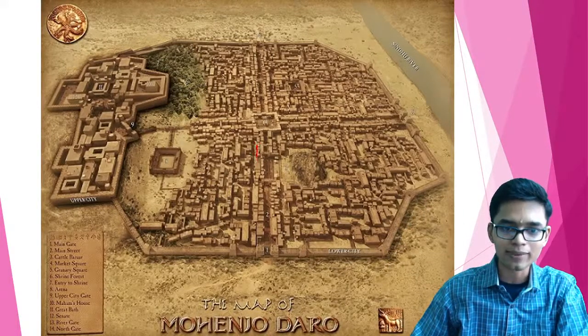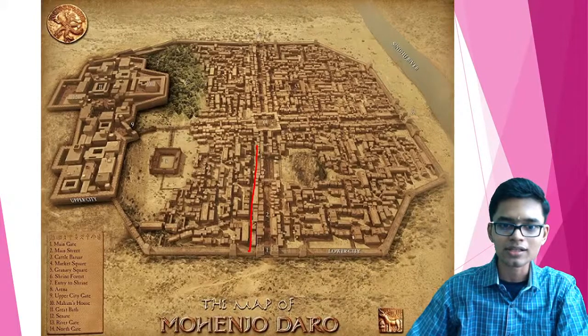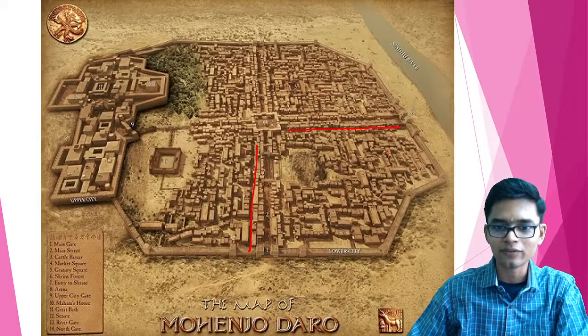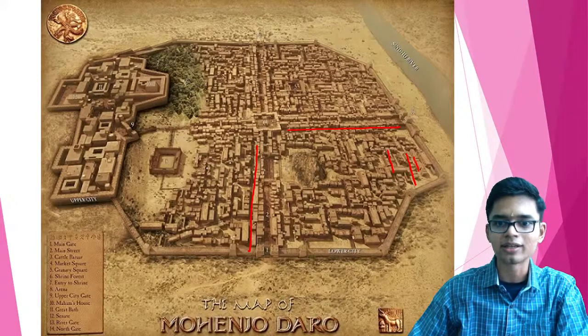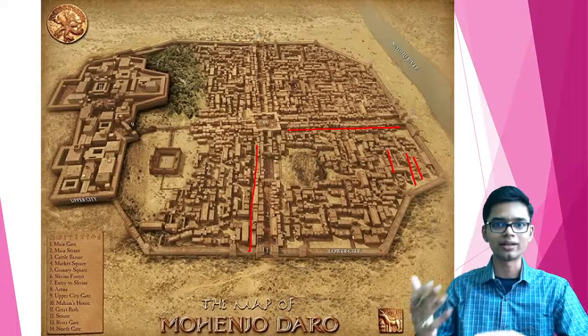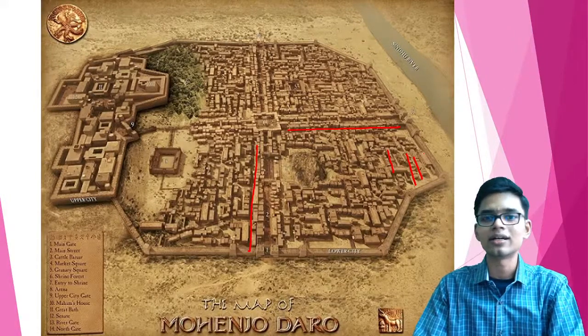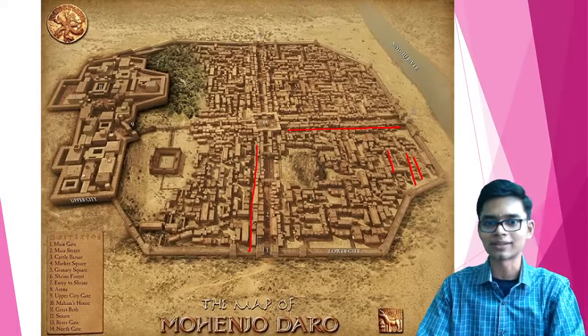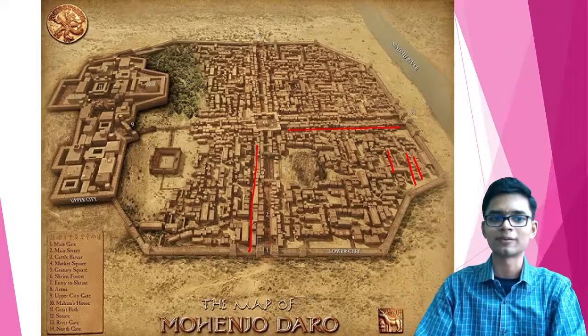Every building here is in a straight line. Everything is in straight, parallel lines, cutting each other at 90 degrees. So overall, a grid pattern is very visible in town planning of Harappan cities, at least the prominent cities.